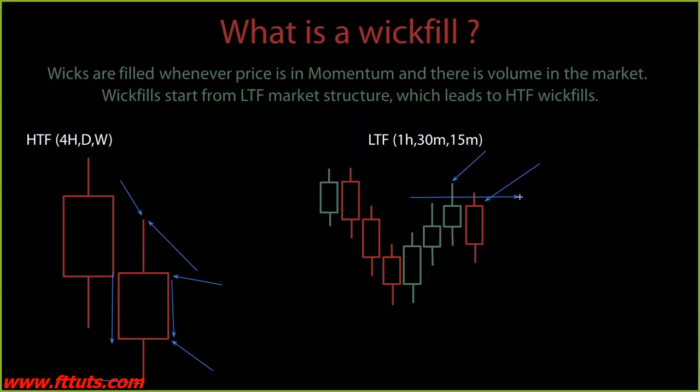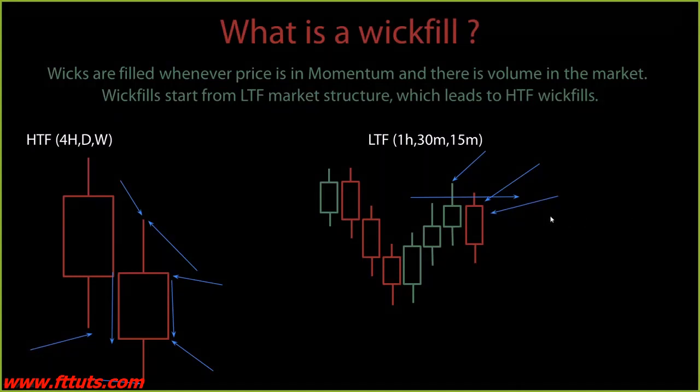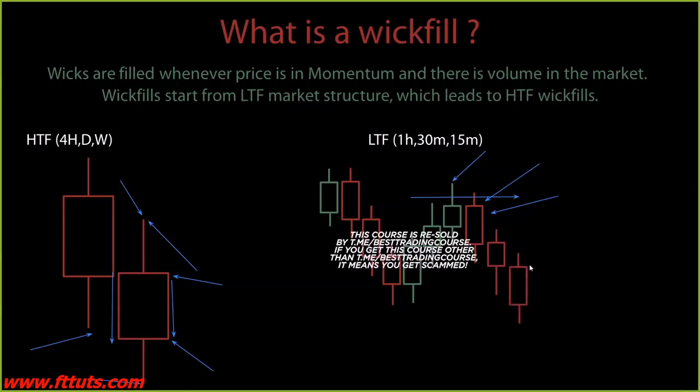Someone can say the probability is pretty high, because if on the daily time frame we have to fill this wick, then we want the next candle after this to continue going bearish, something like this. Now the candles are making lower highs and lower lows, and the next candle keeps making lower highs and lower lows. So this is where you say, okay, now maybe a wick is getting filled.